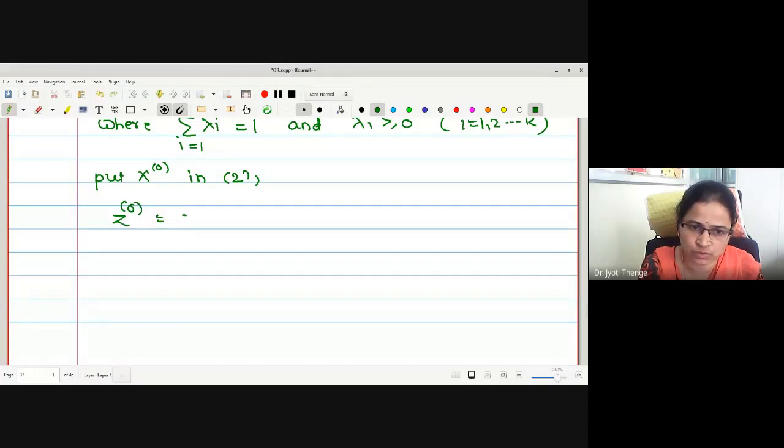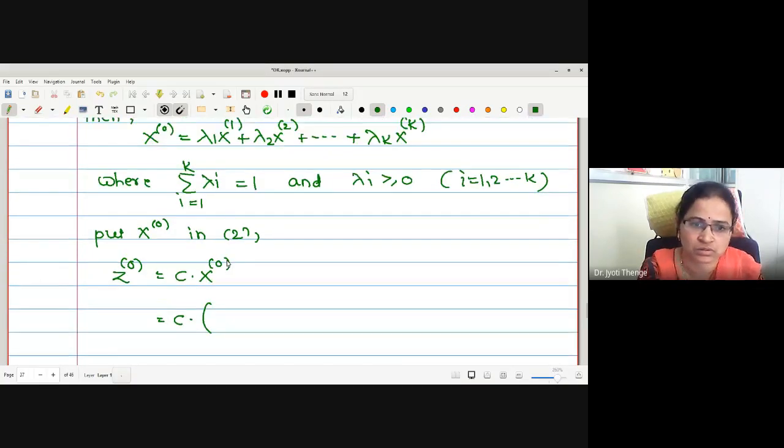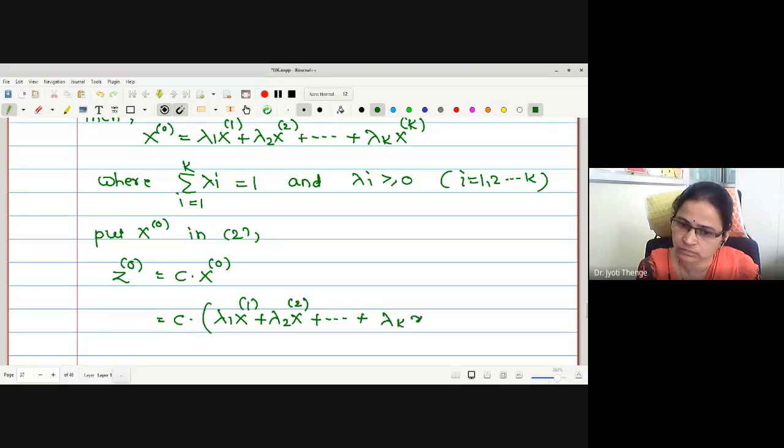Z0 is equal to C X0, which is equal to C times... what is X0? Lambda 1 X1 and so on. Correct?